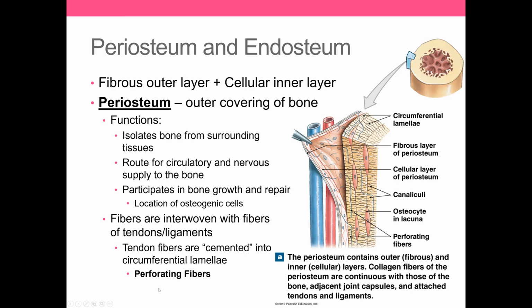And the take-home message is that the membrane of the bone, along with the tendons and ligaments that attach to bones, are all very tightly held together. So in some cases, like if you have a really strong pull along a tendon, rather than tearing the tendon away from the bone, it can actually break the bone. So the tendon and the periosteum and the bone itself are all very tightly interwoven with these collagen fibers, making them very, very strong connections.